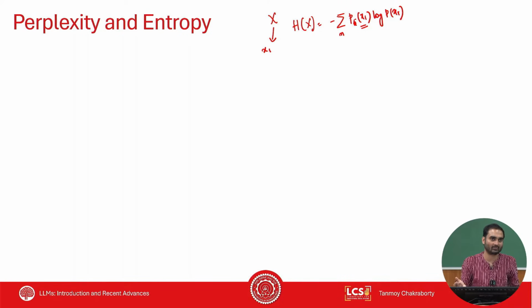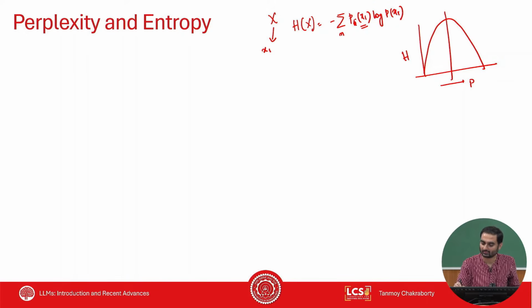Entropy is a measure of randomness. Uniform, right? We all know this famous plot: this is P and this is H. When the probability is the same for all the outcomes, the entropy is maximum. All right, so we all know entropy.